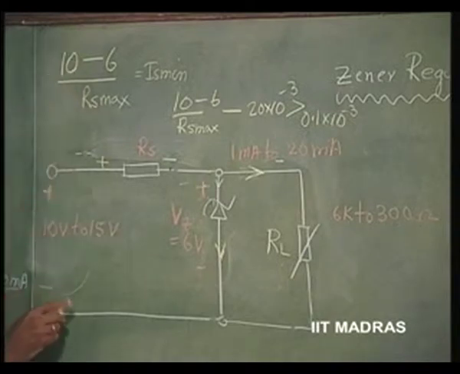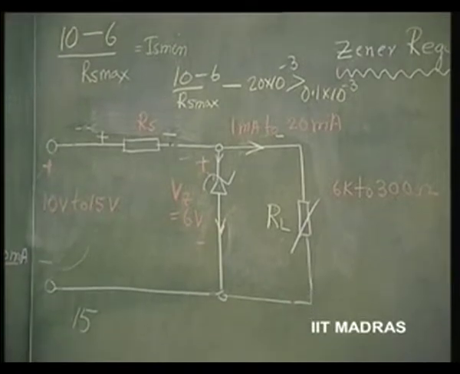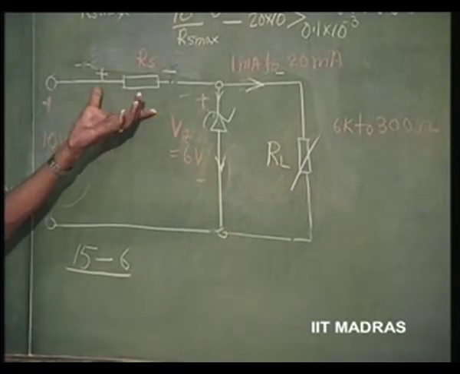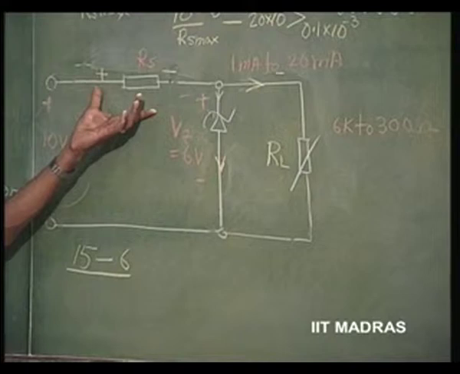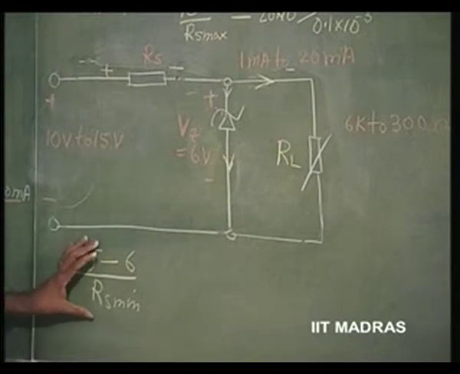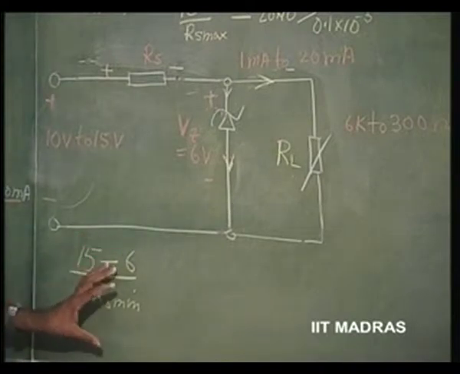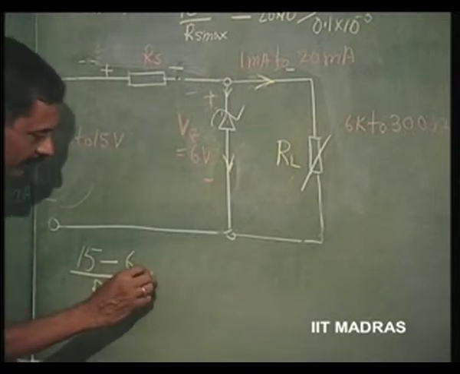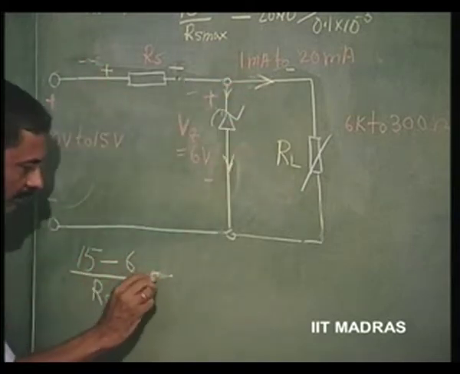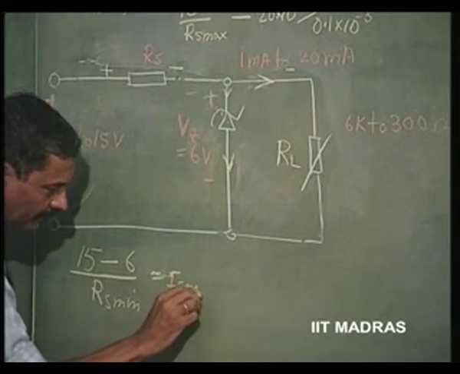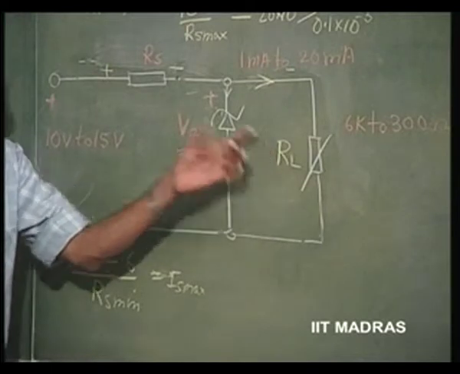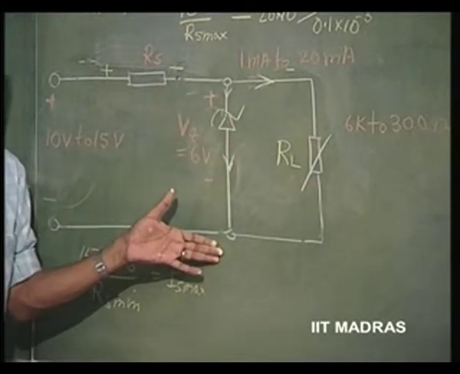Next, when this is 15 volts and I deduct from this the Zener voltage 6, 15 minus 6 is the maximum voltage drop here. So, that is going to lead us to the maximum current Is, if Rs is minimum. Under that situation, that is the possible maximum current, and I deduct from this the minimum load current. This is actually Is max. From this Is max I deduct the minimum current, and I will then be left with the maximum possible current through the Zener.